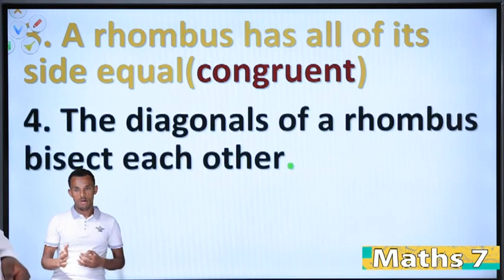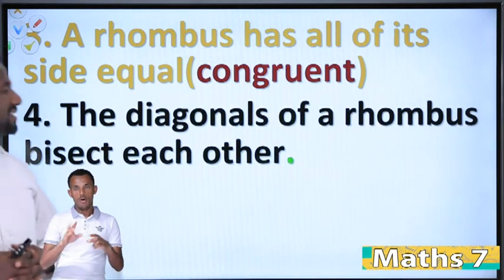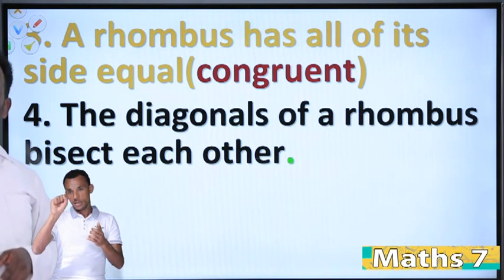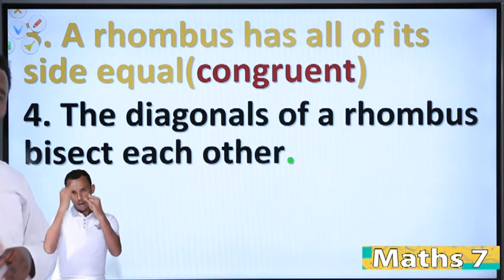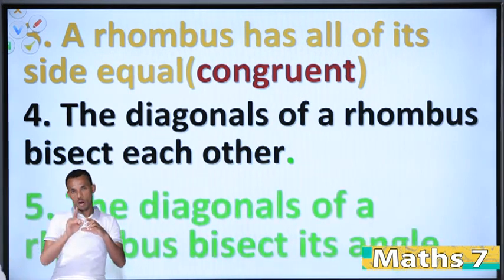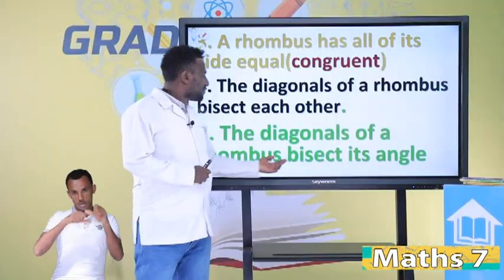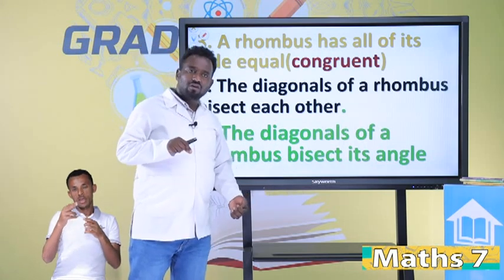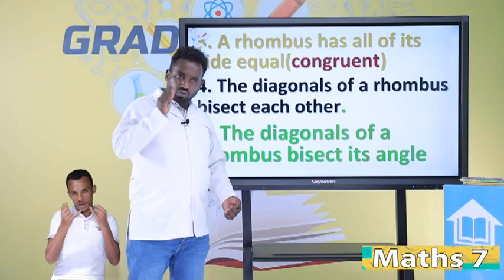The diagonals of a rhombus bisect each other. Bisect means divided exactly into two equal parts. Finally, the diagonals of a rhombus bisect its angles. The given angle of the rhombus is divided into two equal parts.